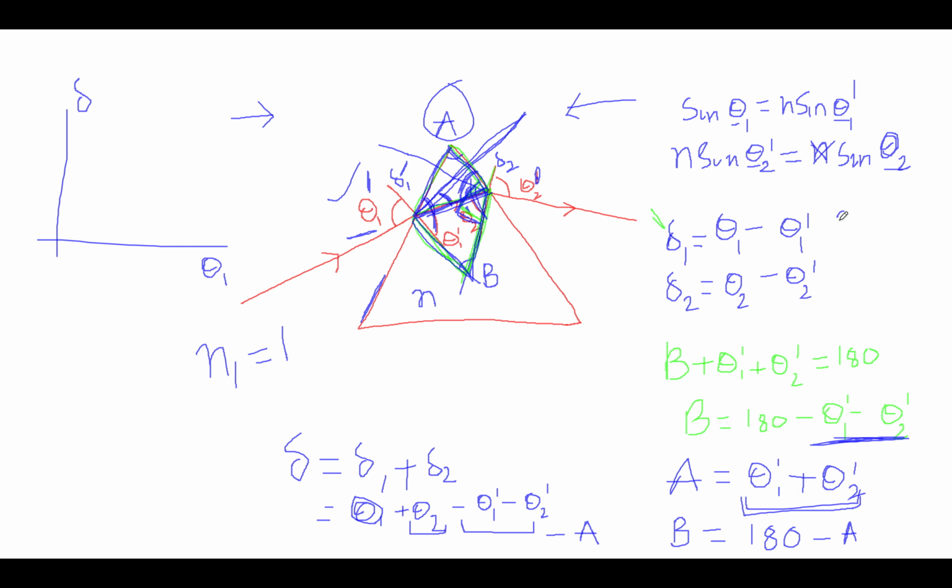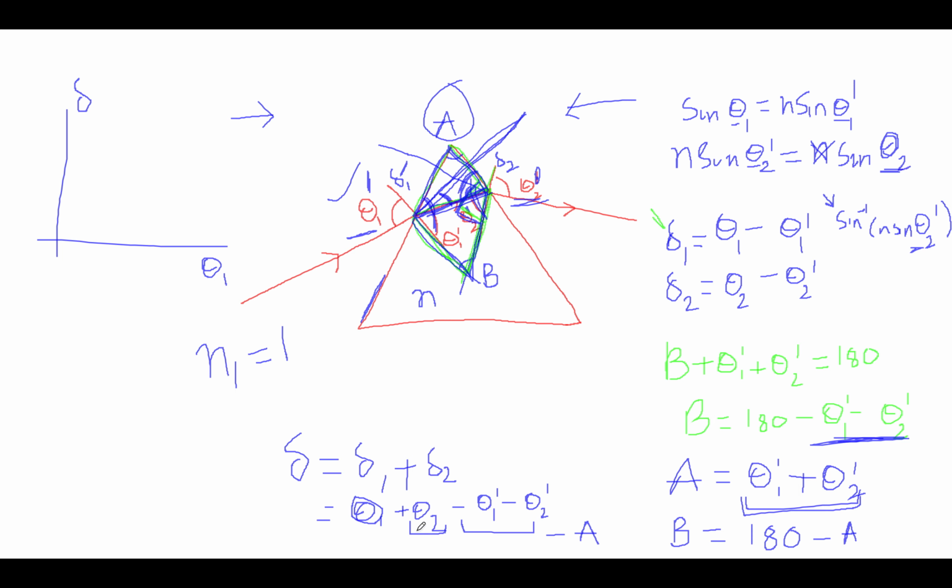Theta 2 is sine inverse of n sine theta 2 prime. This theta 2 prime is the angle at which the ray is coming out of the prism. So I can measure this theta 2 prime, and from this equation, therefore, I can know what theta 2 is, right?